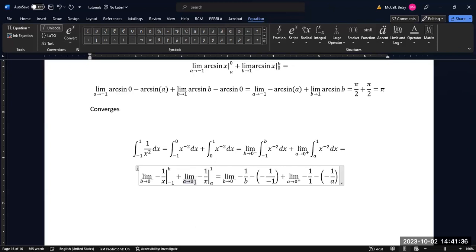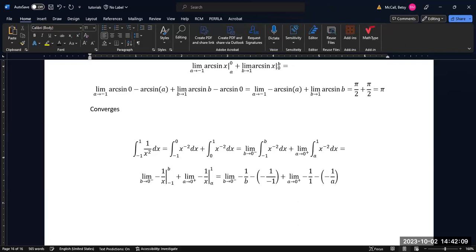If either of them diverges, then the whole thing diverges. So 1 over 0, it doesn't matter whether it's positive or negative infinity, it is infinity. We do not have to evaluate the signs, because infinity minus infinity isn't necessarily 0. It's not necessarily any finite number at all. It could still be infinity. And so what we would say is that this integral diverges.